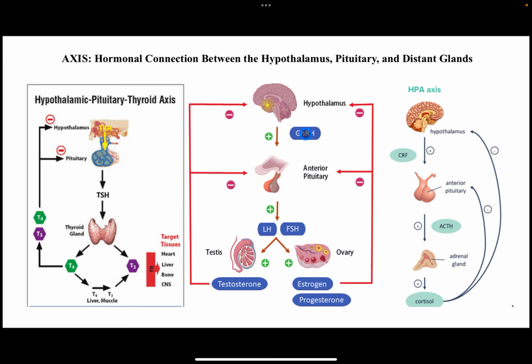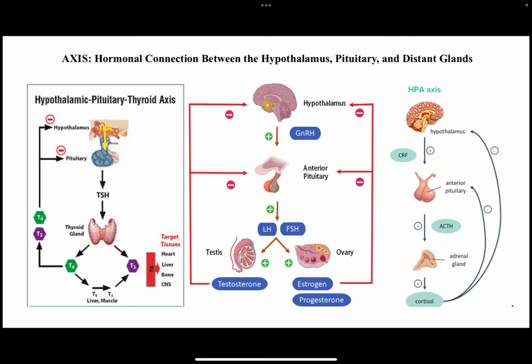And this is what we call the axis, more like a hormonal connection between the hypothalamus, pituitary, and distant gland. That kind of hormonal connection is what we call an axis.